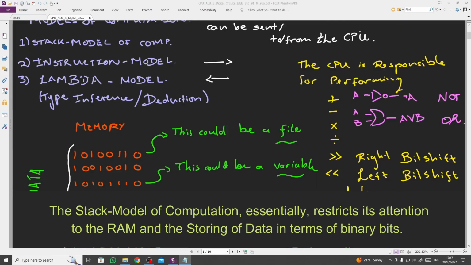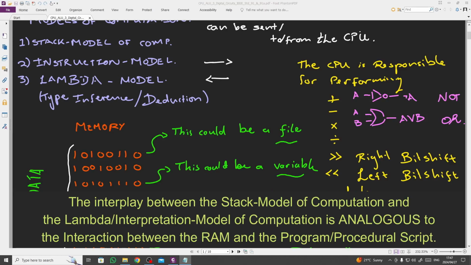The stack model of computation essentially restricts its attention to the RAM and the storing of data in terms of binary bits. The interplay between the stack model of computation and the lambda or interpretation model of computation is analogous to the interaction between the RAM and the program or procedural script.